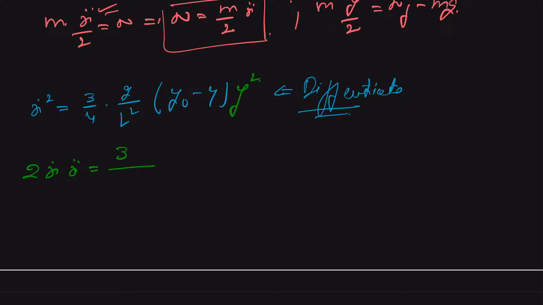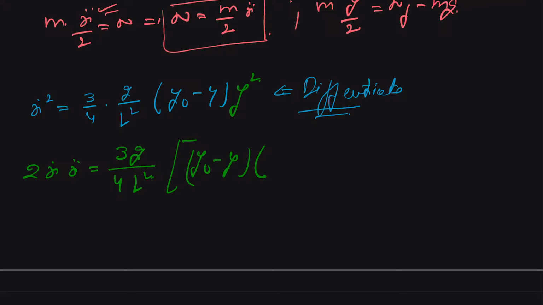This will be our constant, and we get this as our y naught minus y.